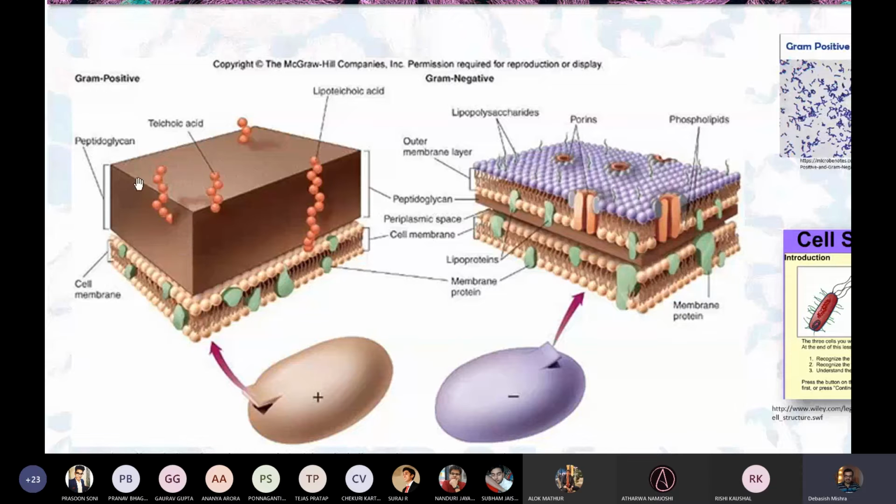It's a very thick cell wall they do have. It's a peptidoglycan layer, which was very thin in gram negative bacteria, which is in between two membranes, inner membrane and outer membrane. Both are phospholipids. That means in a gram positive bacteria, you do not see an outer membrane at all.